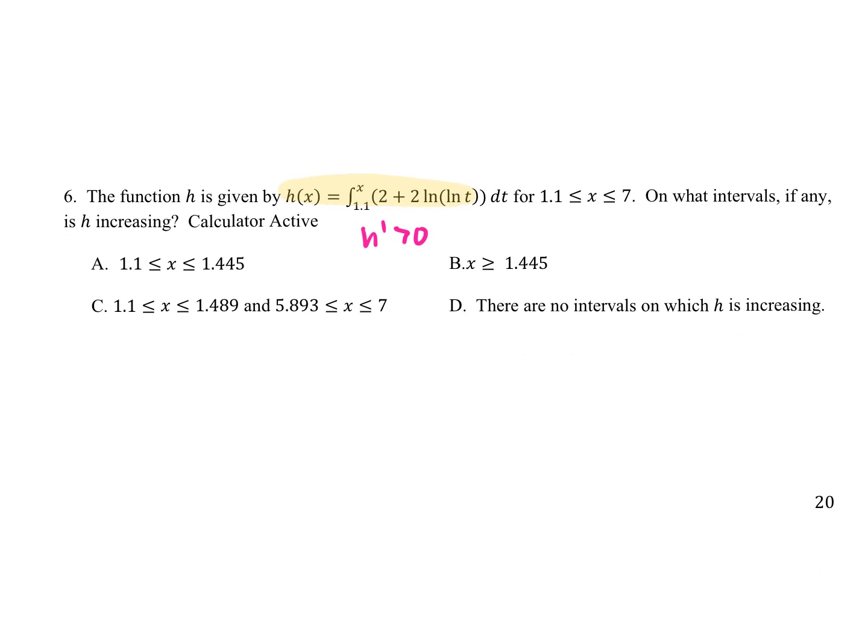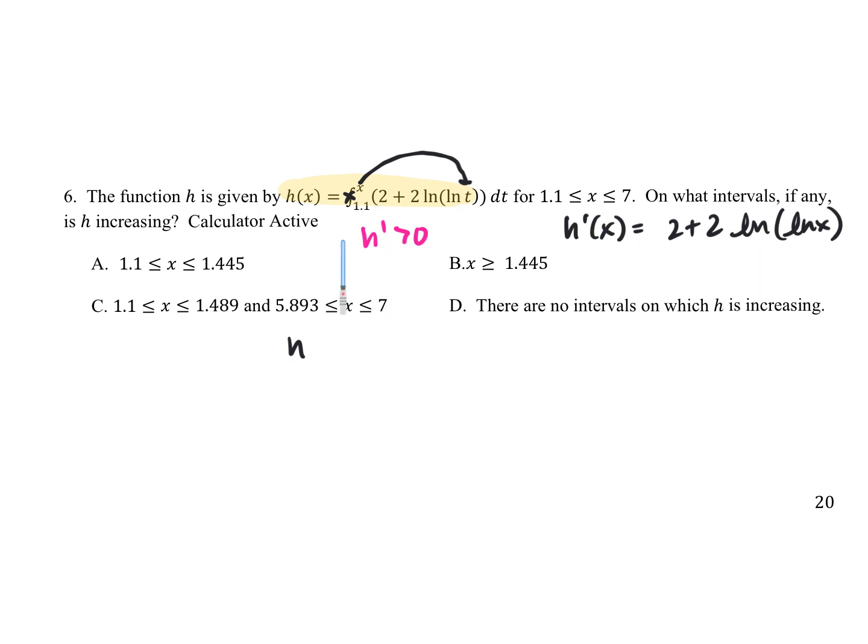Gross. What would h prime be, and maybe we even just put it right here? The derivative of that integral? 2 plus 2 ln of x, times 1, minus plugging it all in times 0. So this is my h prime.